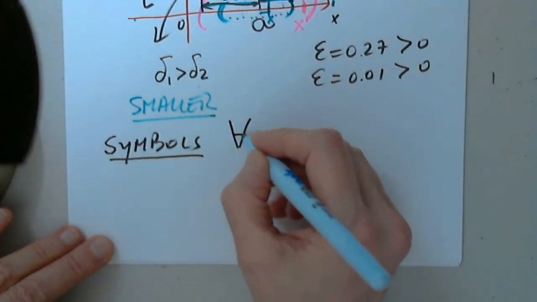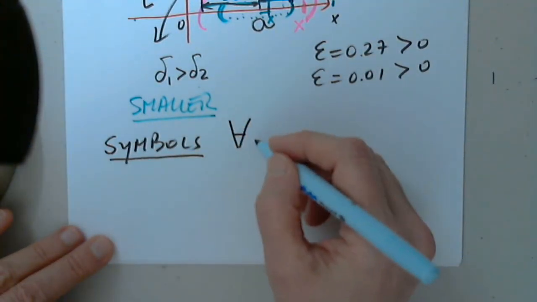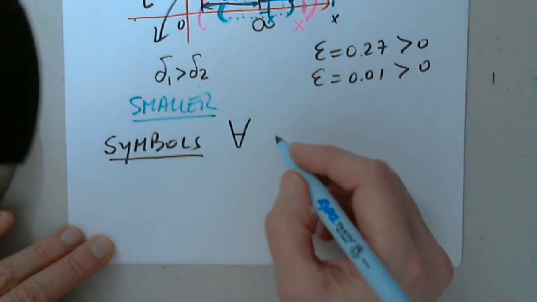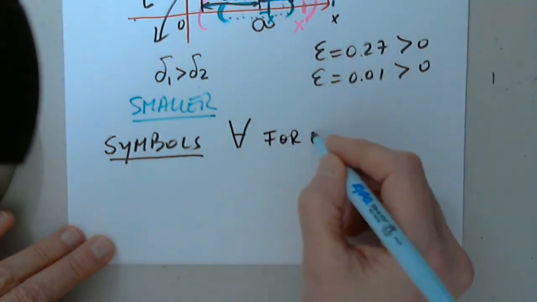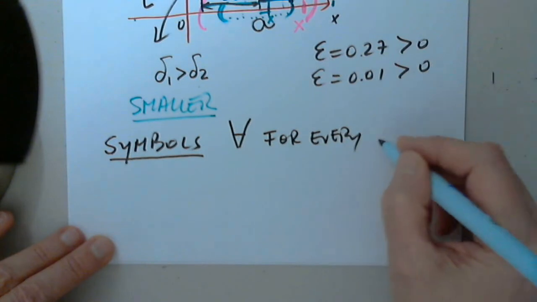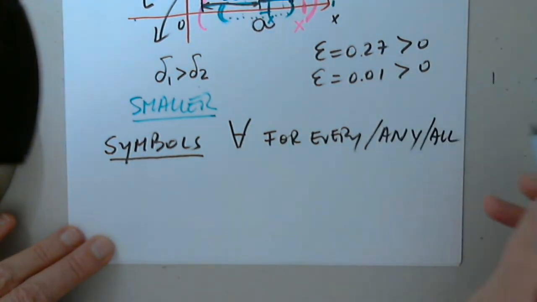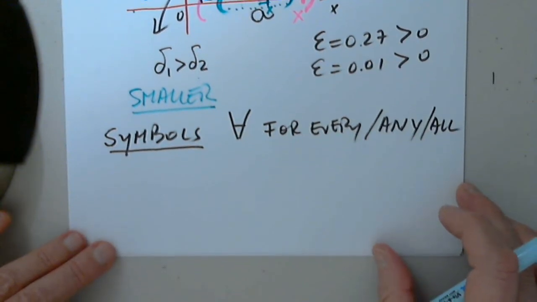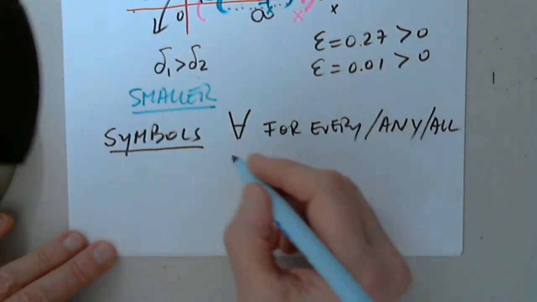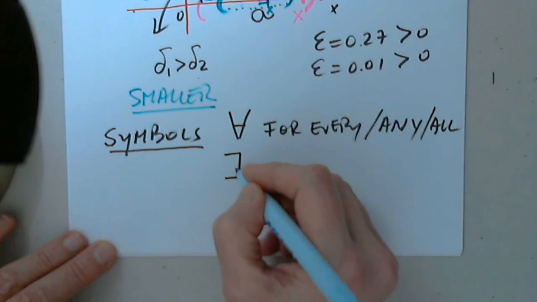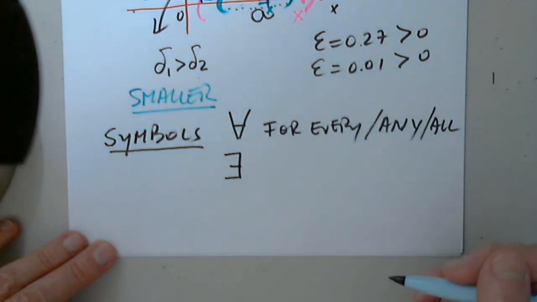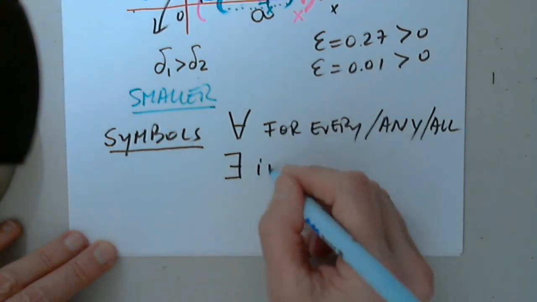This symbol is an upside down A, uppercase A. It stands for every, or for any, or for all. This symbol, the backwards E, stands for it exists.